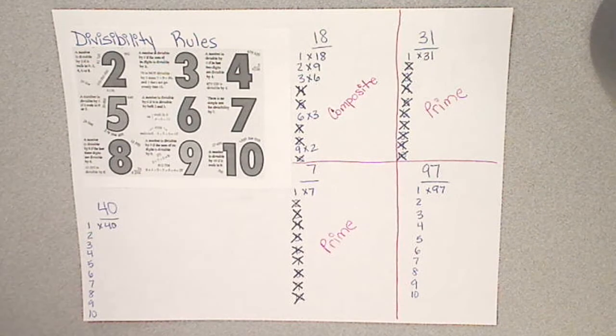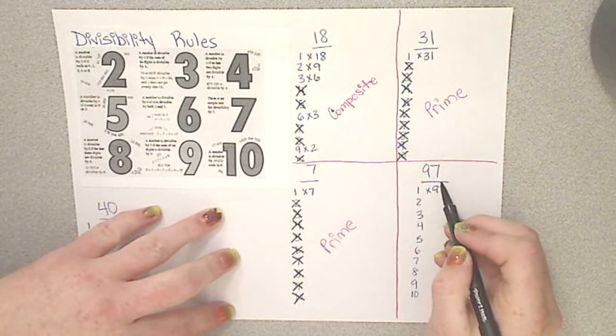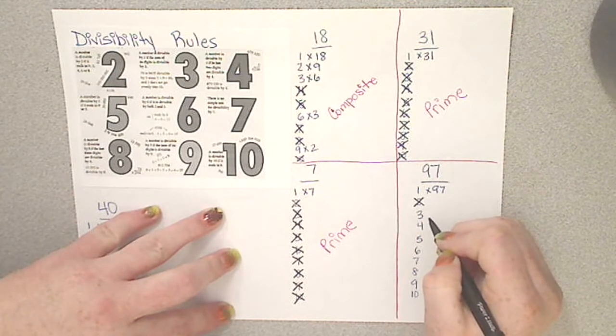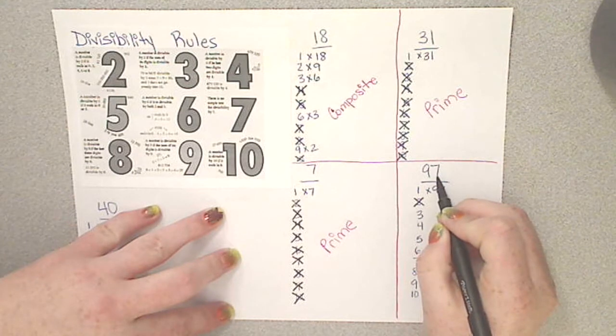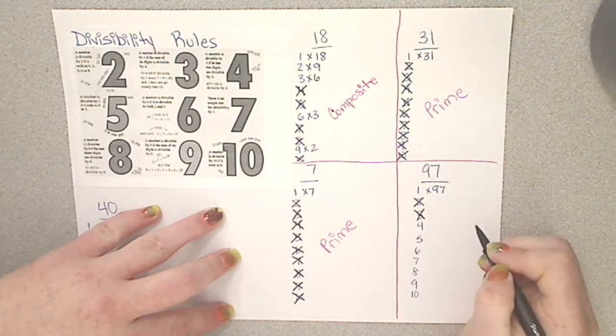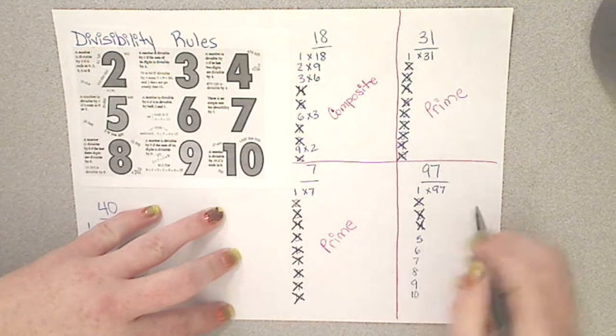Let's look at 97. This one's going to be a little trickier. It does not end in 2, 4, 6, or 8, so it cannot be divided by 2, so therefore 2 is not a factor. 9 plus 7 is 16, and 16 is not divisible by 3, so that's not right. It's not divisible by 4.